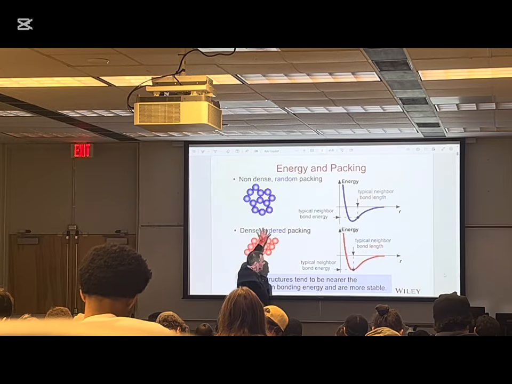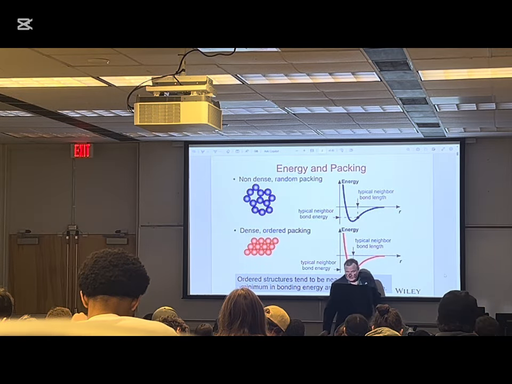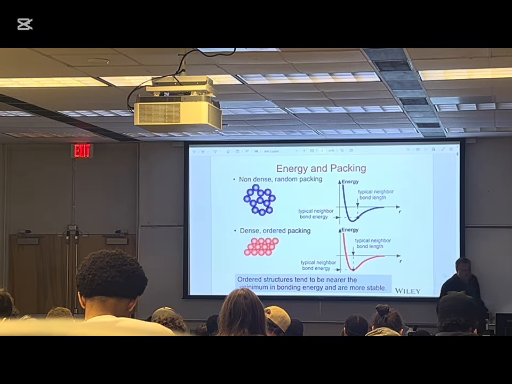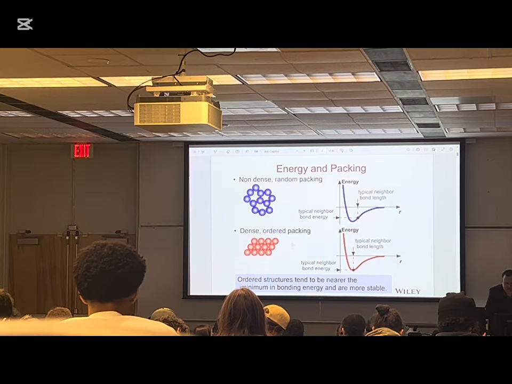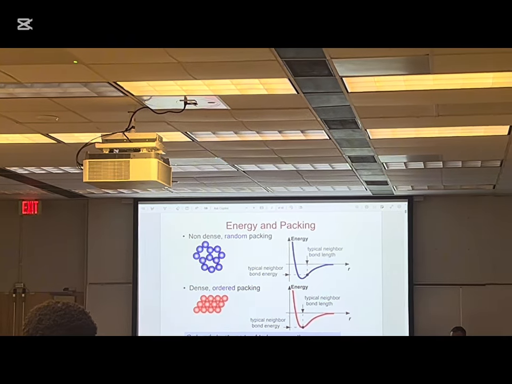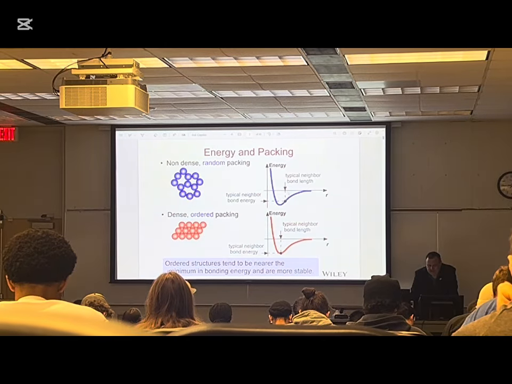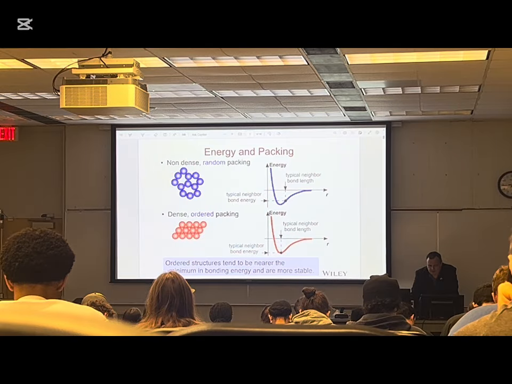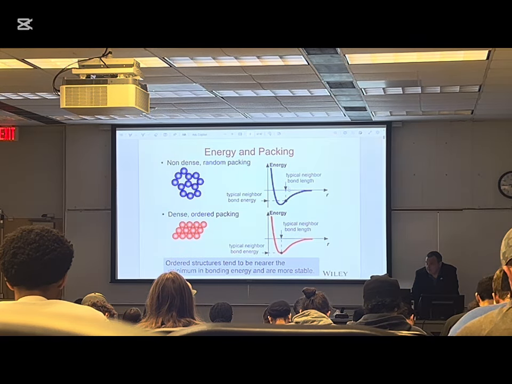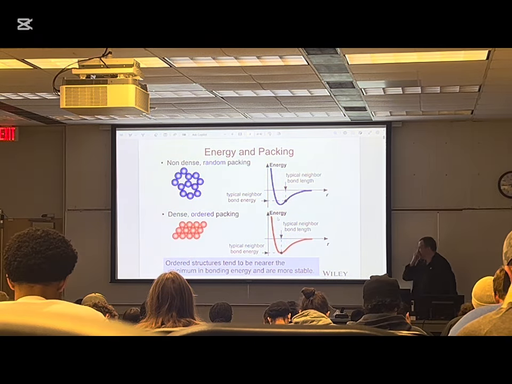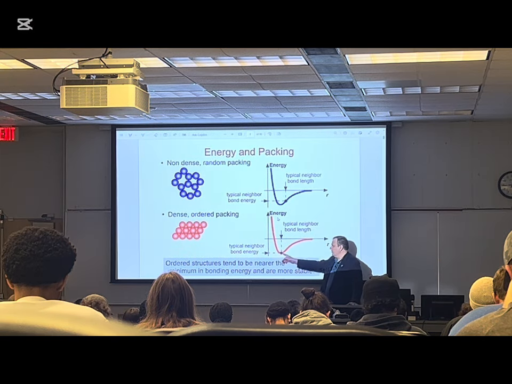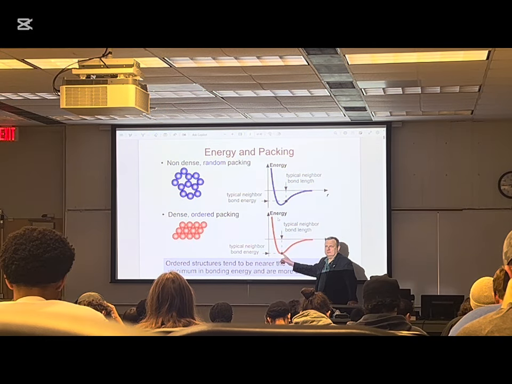Now we're going to talk about 3D a little bit later. But whenever they are randomly positioned, then what actually happens is, on average, the neighboring distance is a little bit larger, and they're occupying more volume, but also you can see that in this position, the energy is lower, right?